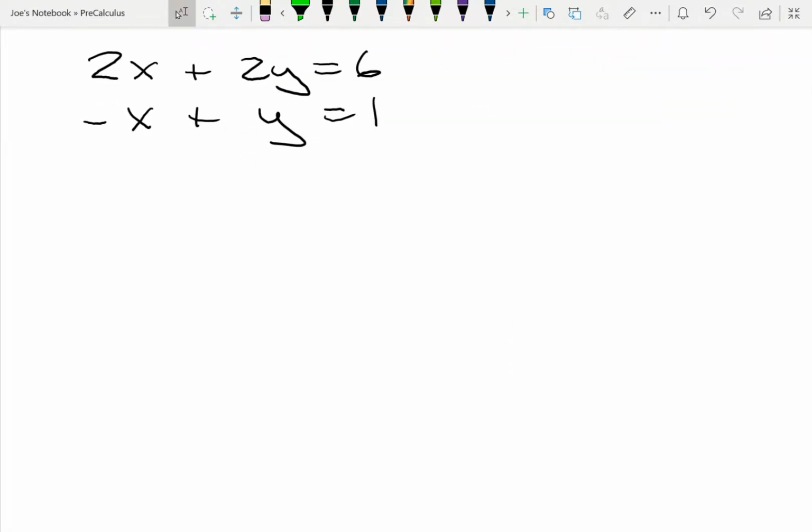I'm going to create a coefficient matrix. I'll write these out so we're getting used to the terms. We're going to write out a coefficient matrix, a variable matrix, and a constant matrix. They all make sense once I put them out there.